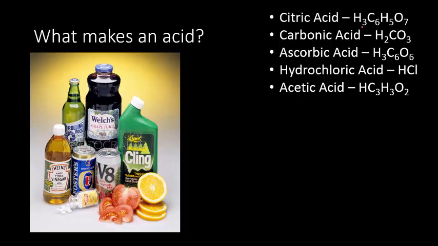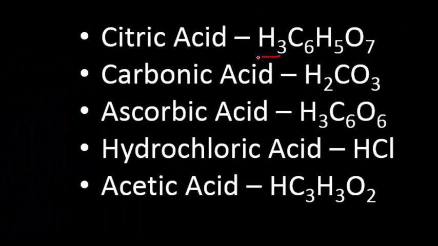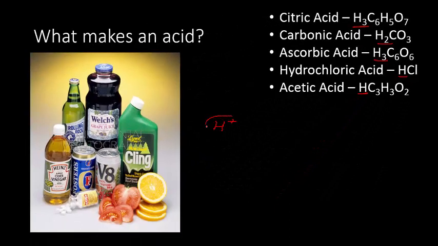Hopefully you noticed in each case, right here we got some hydrogens, hydrogens, hydrogens, one hydrogen. Here's one hydrogen here. What makes an acid is some type of a substance that can produce the hydrogen ion in solution.